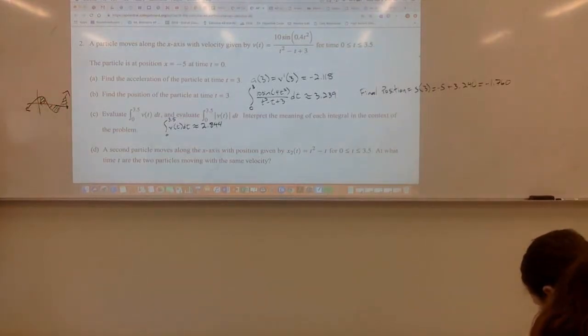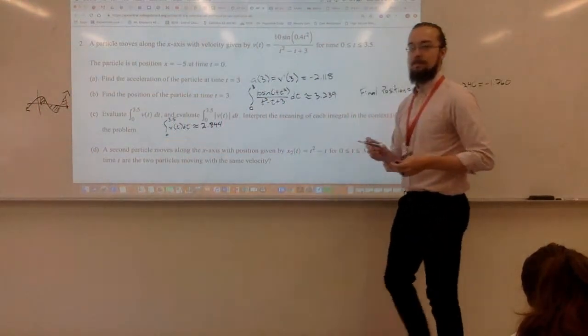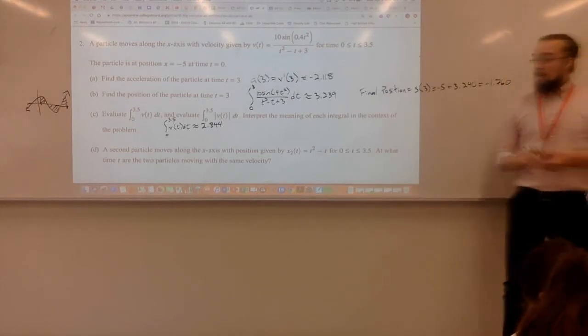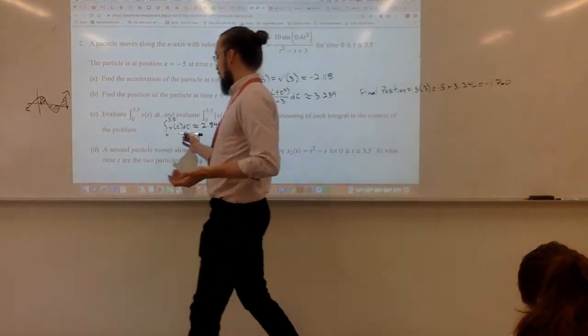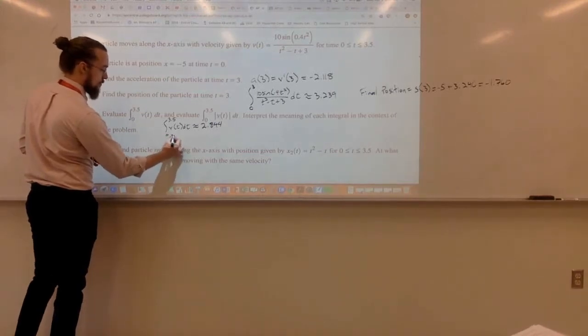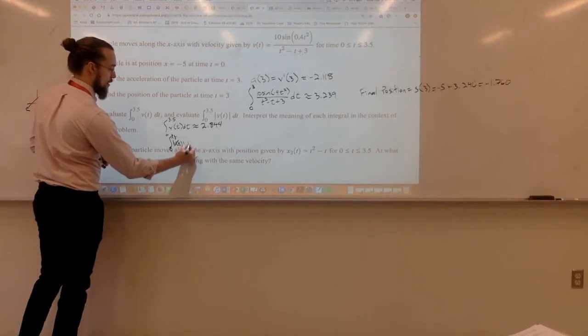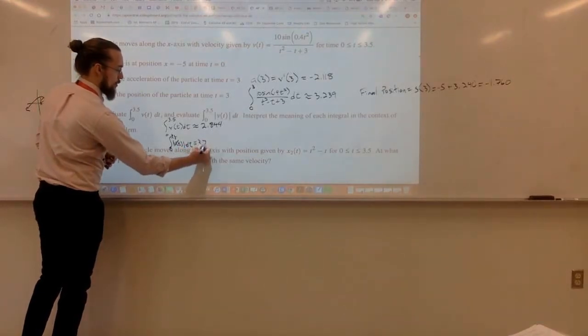So we will more than likely get a completely different value when we take the integral of the absolute value of a function. So what do we get for that? 3.737.